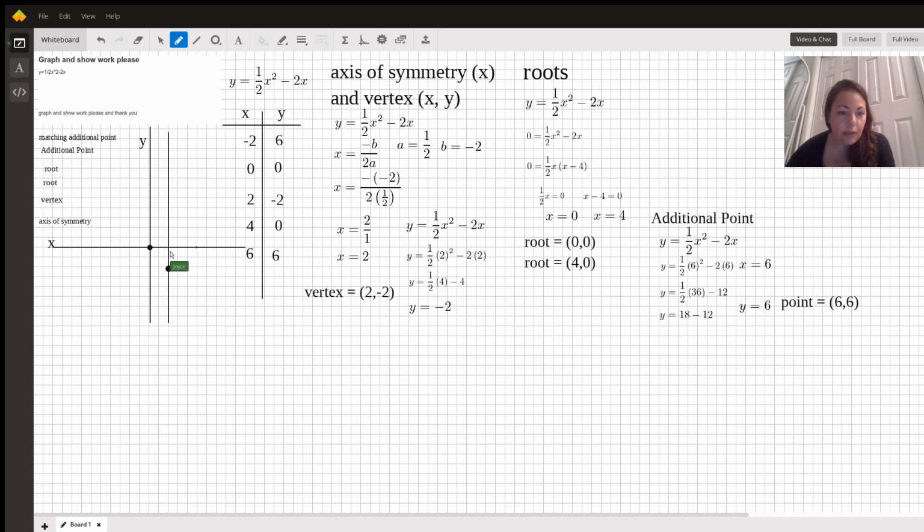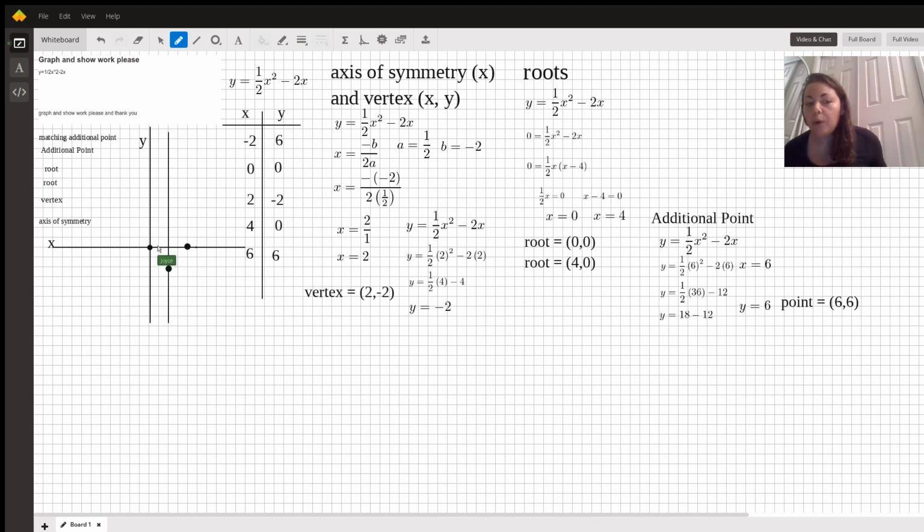And then 4, 0, our other root there. Now notice we have a point 2 to the left of the axis of symmetry, and then we have the other point 2 to the right of the axis of symmetry. And that's why this axis of symmetry is really important, because it separates the graph symmetrically.